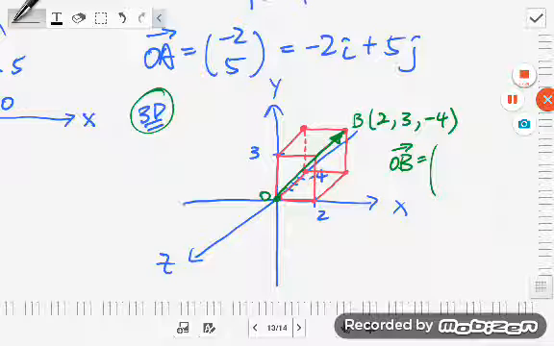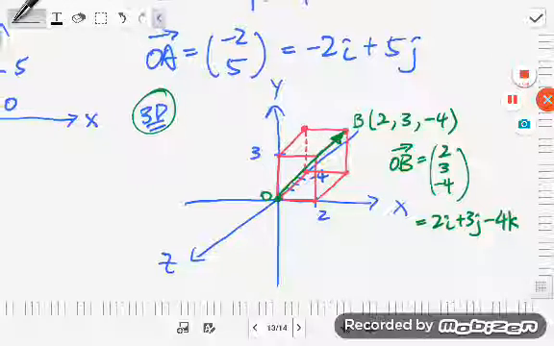So the position vector of OB would be 2, 3, -4 in terms of column vector, or in terms of unit vector, that would be 2i plus 3j minus 4k.